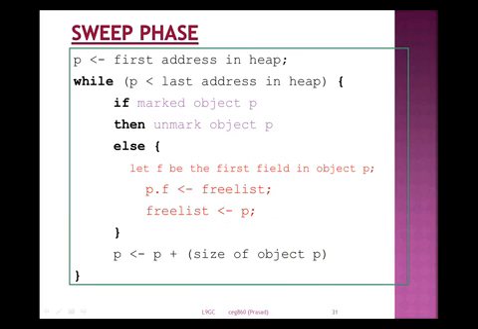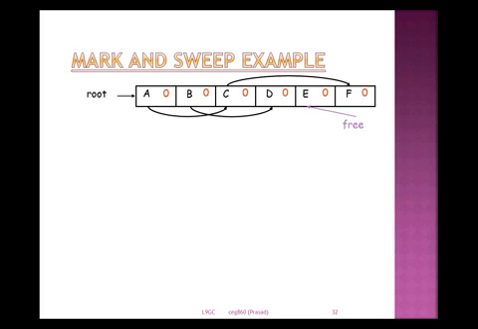Now next is the sweep phase, the winding up or deallocating phase. First of all, P is the first address in the heap. Now check the condition: while P is less than the last address in the heap, the loop continues.